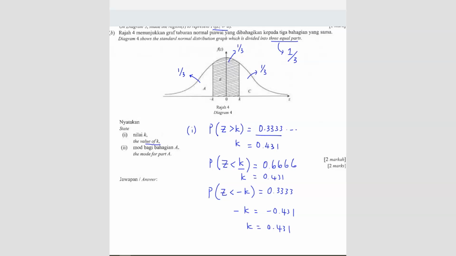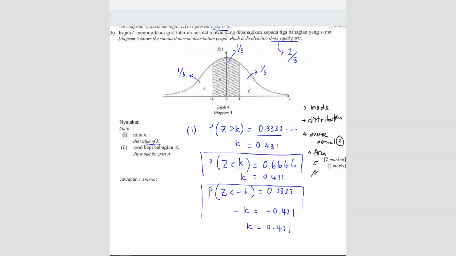In case you don't know how to do it with the calculator, you go to mode, search for distribution. This is only for the new calculator, the old one you cannot. Go to distribution, and then look for inverse normal, should be number 3. Then you have to fill up the area, the standard deviation, and the mean. The standard deviation and mean you don't have to change because it's automatically 1 and 0.